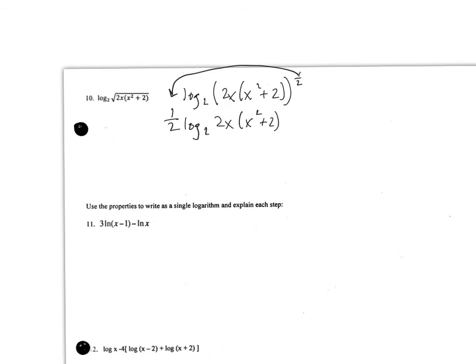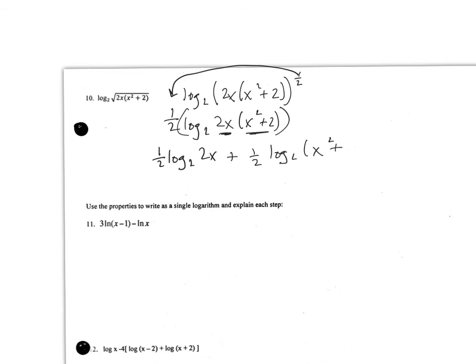Now we have a multiplication problem. We're multiplying, so we can separate this. This 1/2 stays here. Log base 2 of 2x. Right, so this 1/2 is actually times all of it. Sorry, it probably looks like this. The 1/2 really is over everything. So now we're going to put the 1/2 in front of this. Log base 2 goes with that as well.